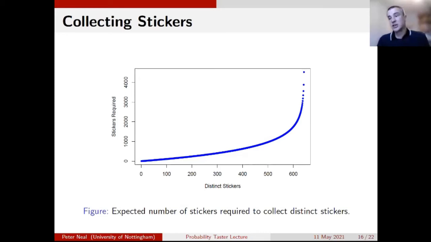And we can see that initially we quite rapidly get new stickers. Even up to 500, we would expect, if we collected 1,000 stickers in total, to have over 500 distinct ones. But then things really ramp up as we get towards the end, and getting a new sticker becomes harder and harder.